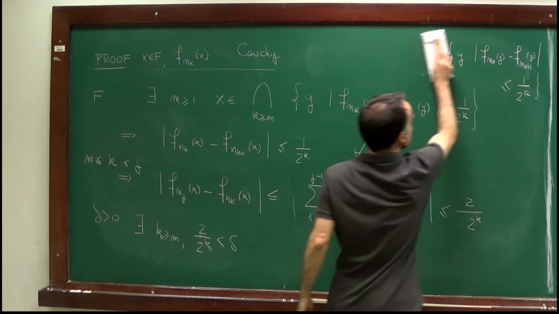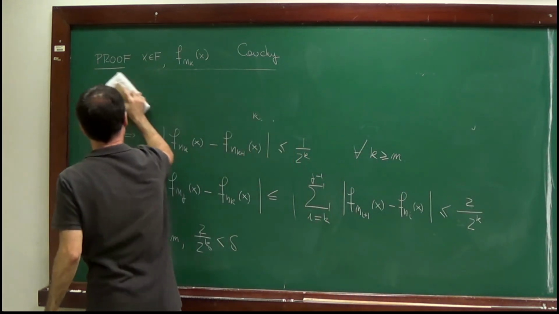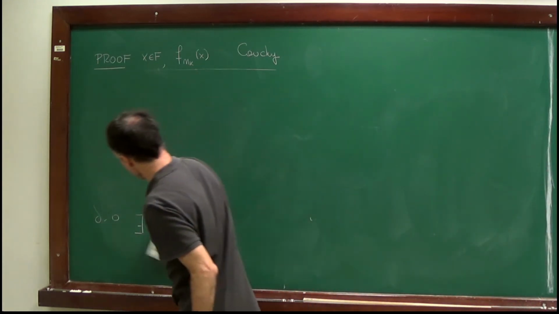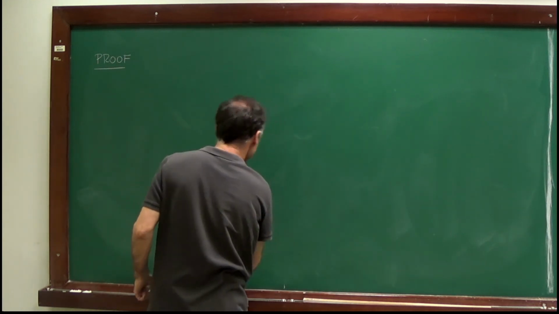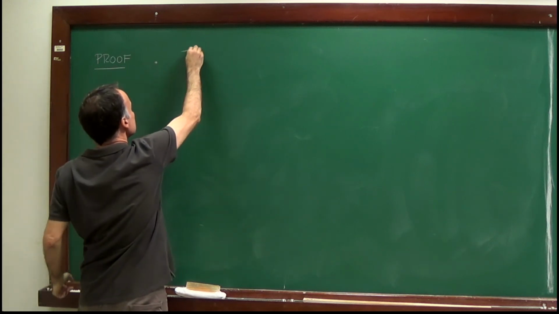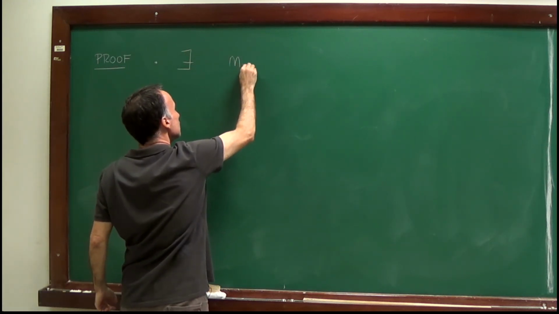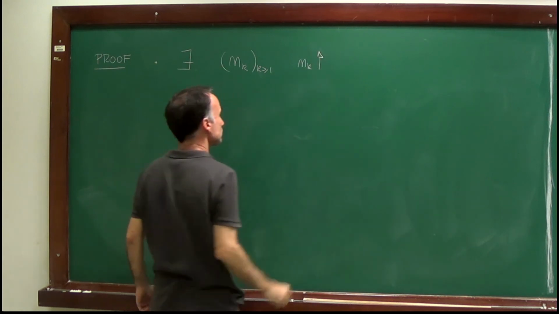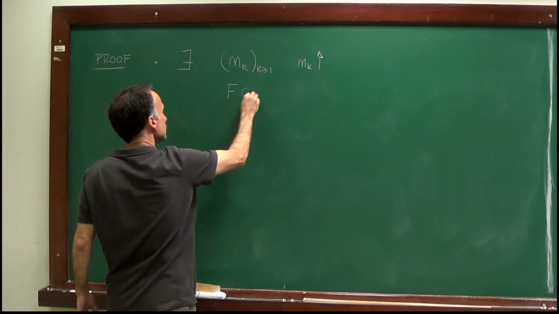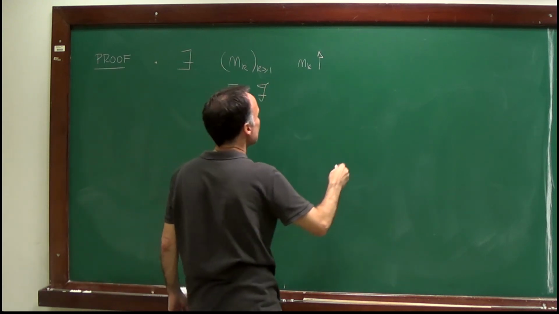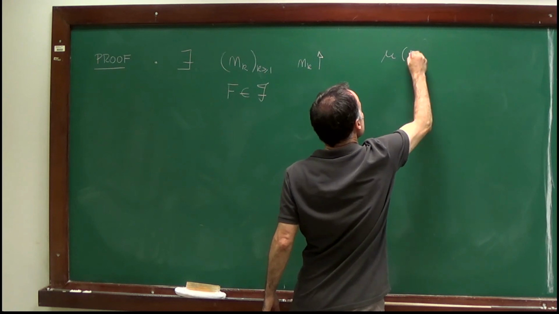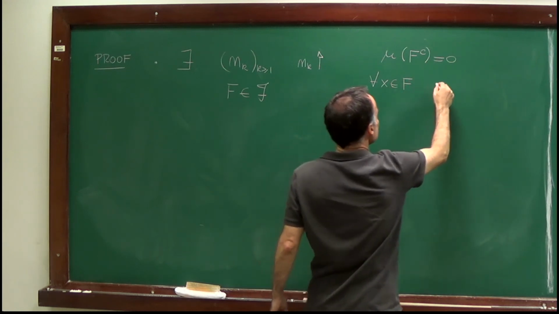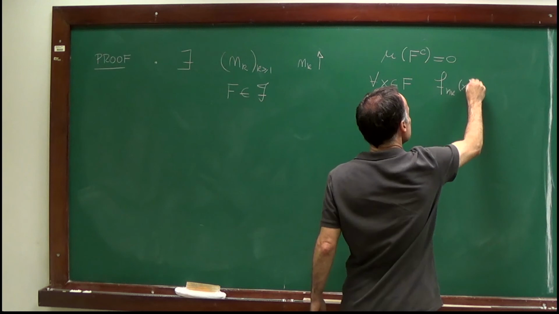Okay, so let me summarize what we did up to now. So up to now, we proved the existence of a subsequence n_k, which is increasing, and the existence of a set F in the sigma algebra, such that mu of F complement is 0, and for any x in F, the sequence f_{n_k}(x) is Cauchy.